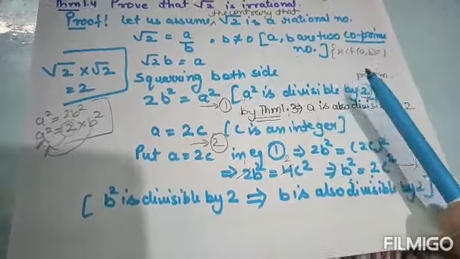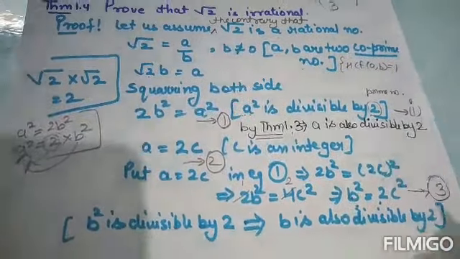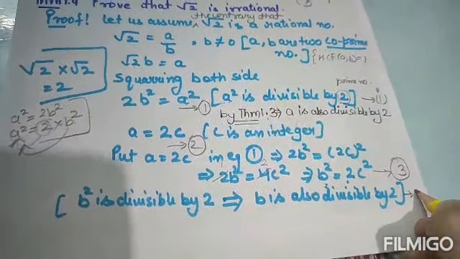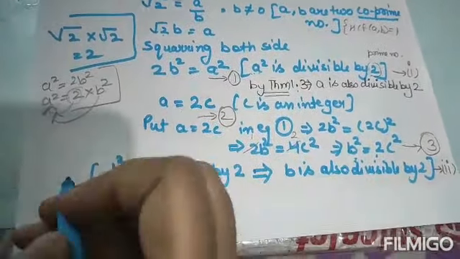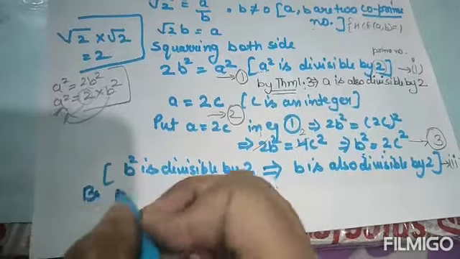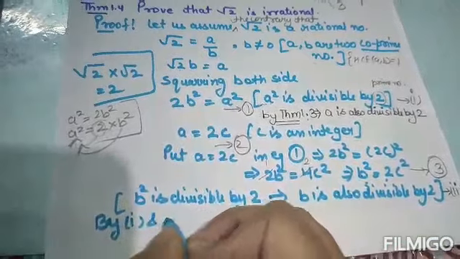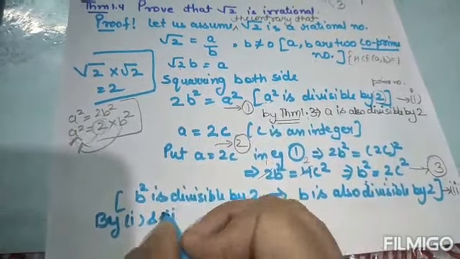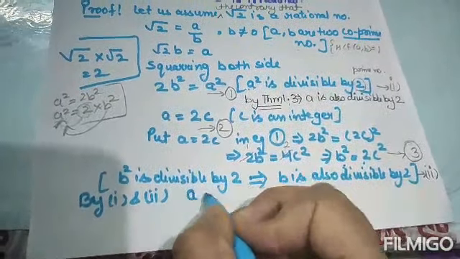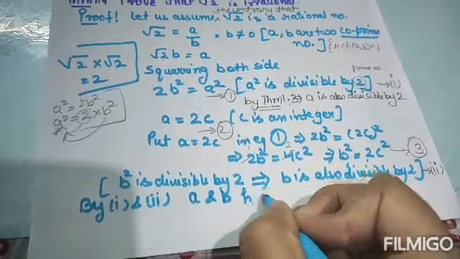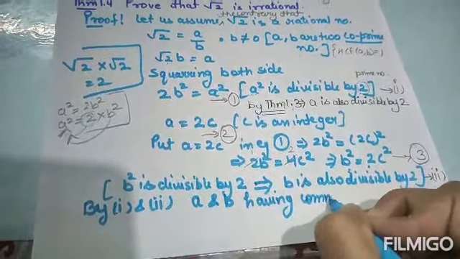So, name these two equations as 1 and this as 2. So, by 1 and 2, A and B have a common factor.